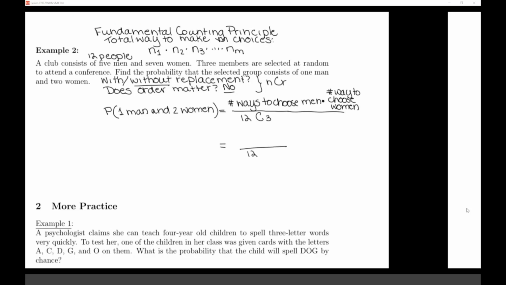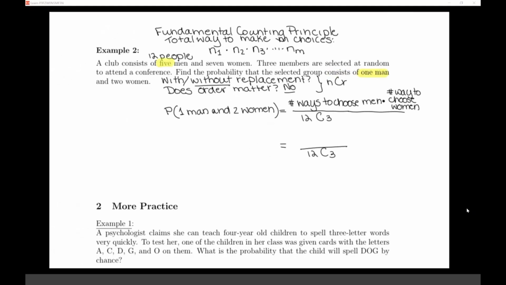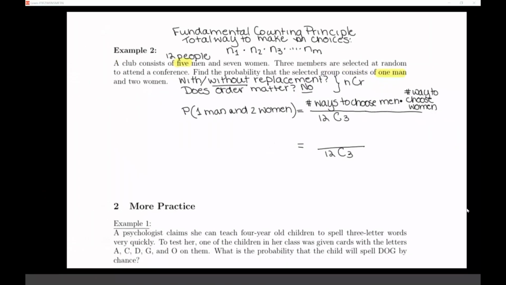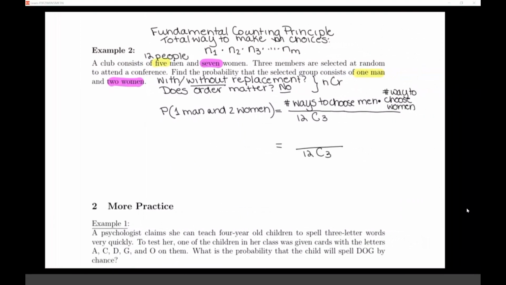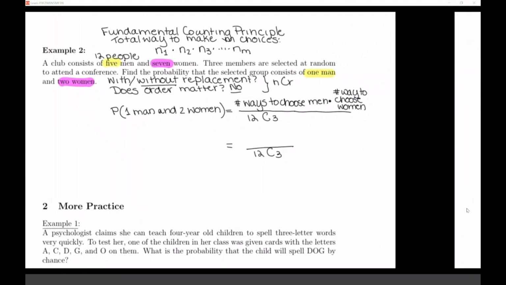This is 12 choose 3. I'm interested in choosing one man out of the 5 available. Down here, find the probability that the selected group consists of 1 man, and there are 5 men, and 2 women, and there are 7 women. That tells me the R and the N for my combinations in the numerator.